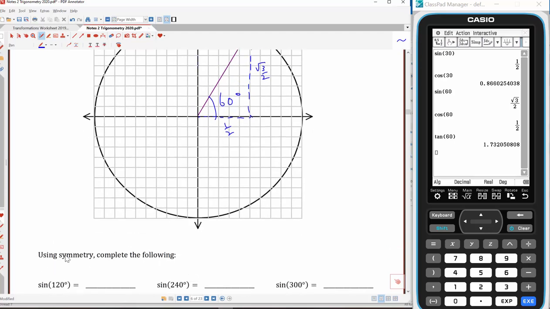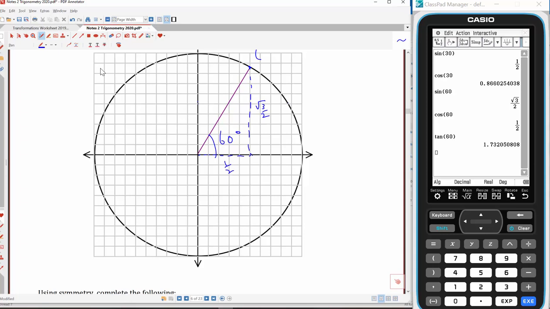All right, so using symmetry, we want to get the sine of 120. So here's 60 degrees, okay? Sixty less than 180 is going to take me over to this side here. So we start at 180 and go 60 less than that, which takes us to the equivalent point on this side, which will be there.